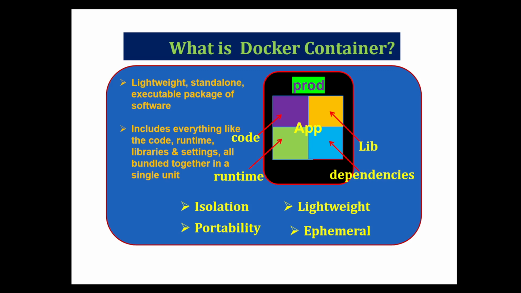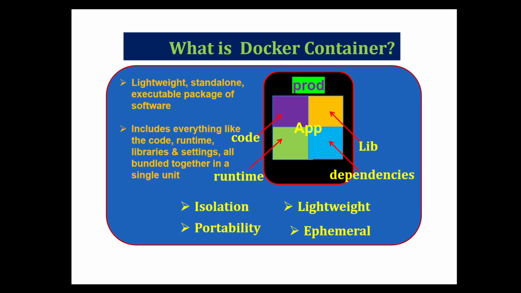So containers are short-lived and we can dispose of them, and if need be, we can persist the data or the state even beyond the container life cycle. So this is about the important characteristics of Docker containers.